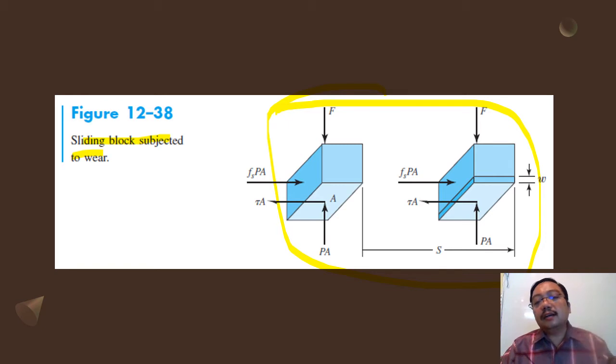This is how you understand this figure. Sliding block subjected to wear, pressure P, shear stress, area A. You can imagine how to relate this with the journal. S here is the sliding displacement, not Sommerfeld number.